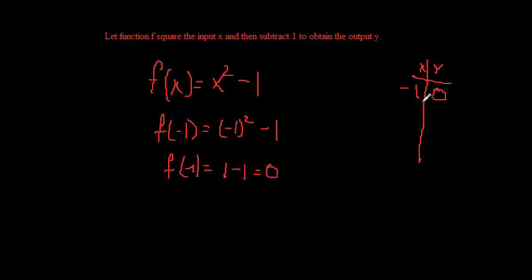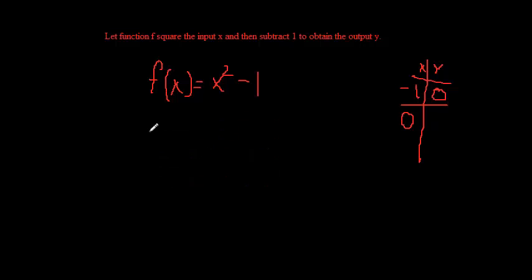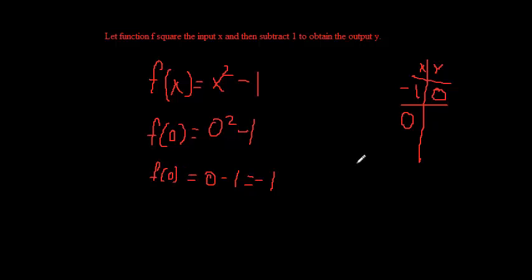or our first ordered pair, (-1, 0). Next, let's plug in 0. Nice simple number to try. So we have f of 0 equals 0 squared minus 1, or 0 minus 1, which just equals -1. Therefore, f of 0 equals -1.